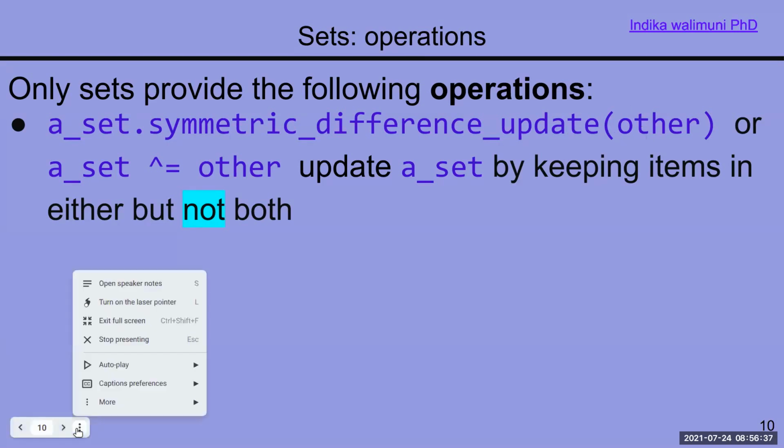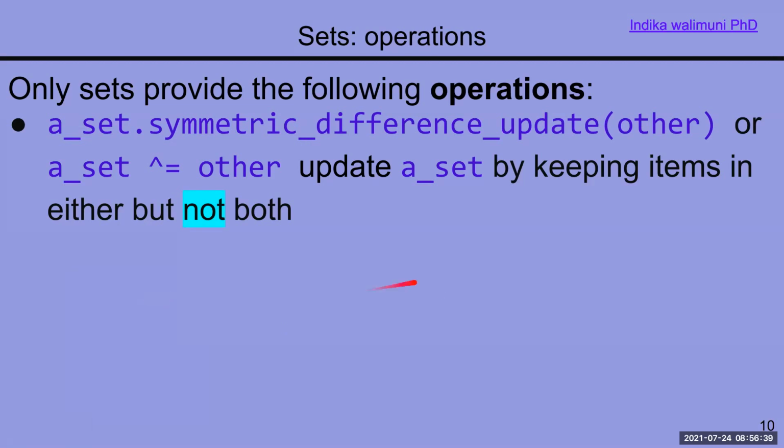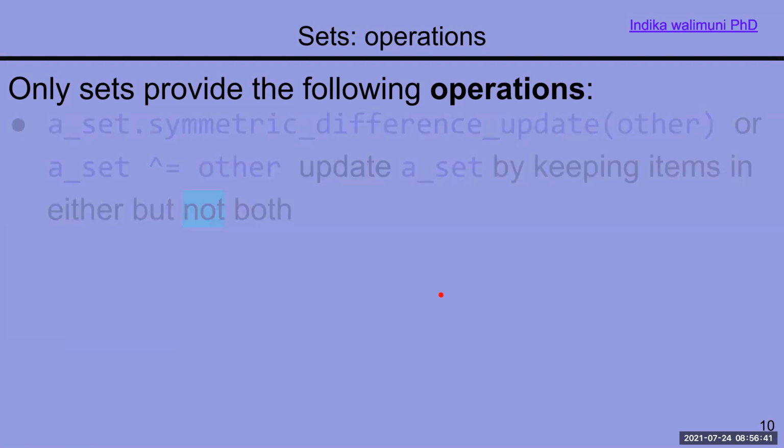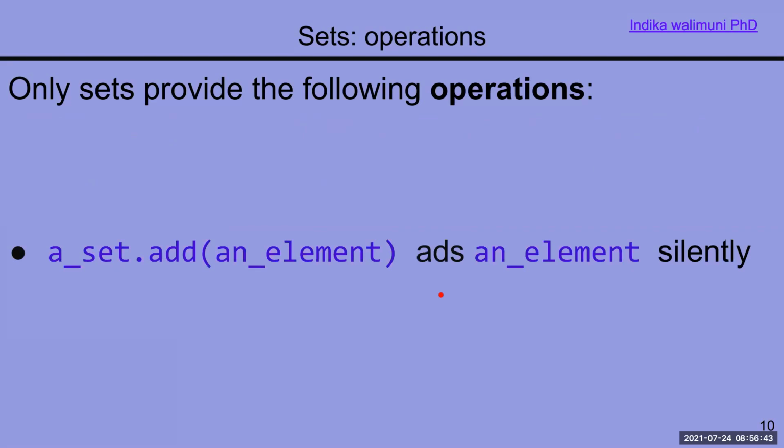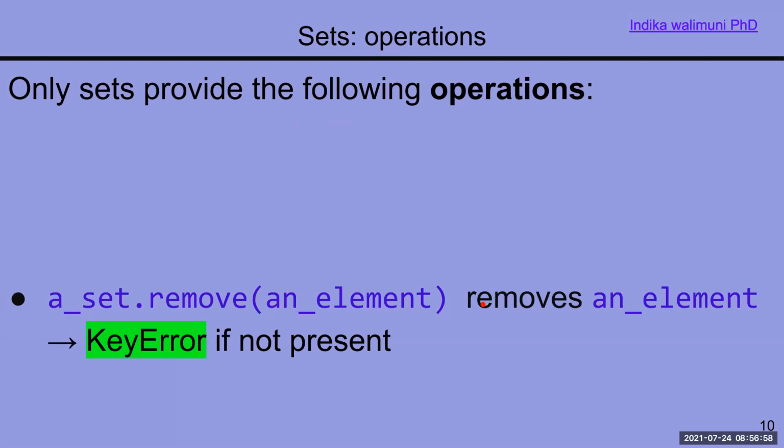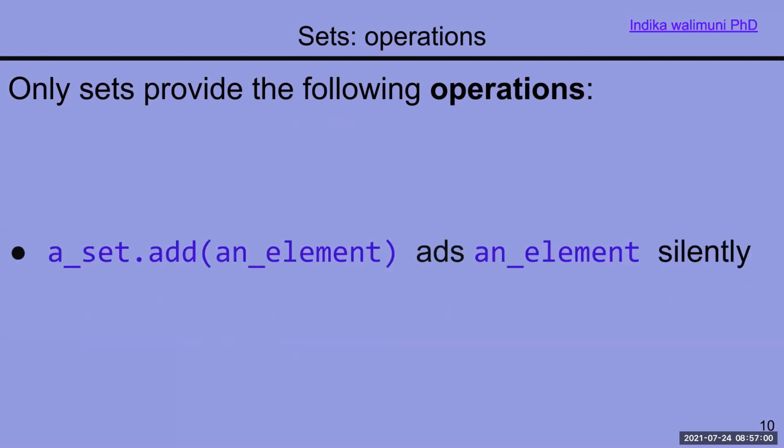That's symmetric difference update, and we can add elements. It's a really commonly used method. Adding elements simply adds that element silently. Nothing is returned.